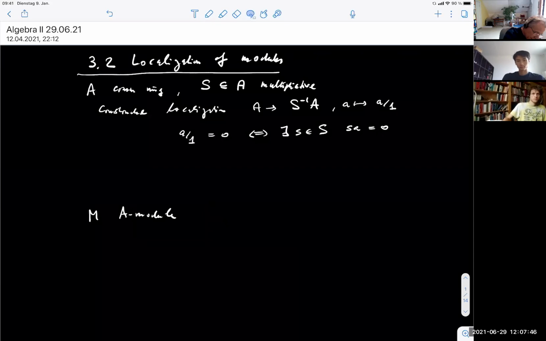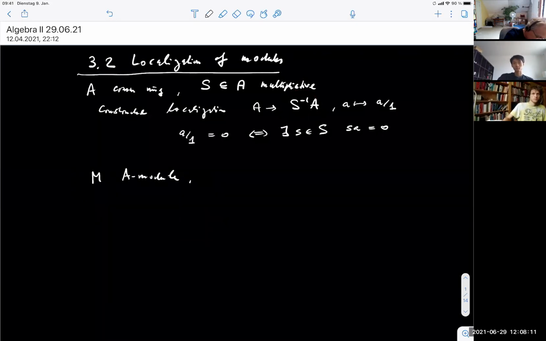So now I have this A-module M. And actually what I want to do is construct a module over this larger ring. And the way I do it is exactly the same as we did for the ring. I define an equivalence relation.